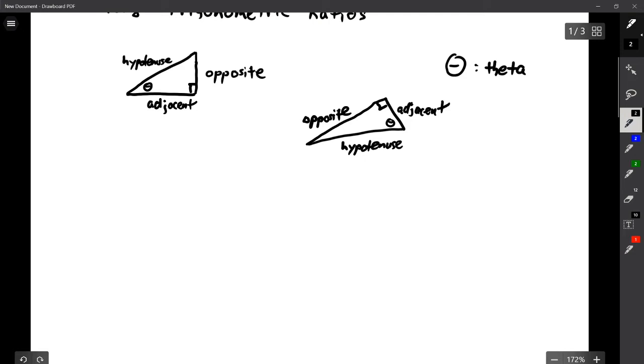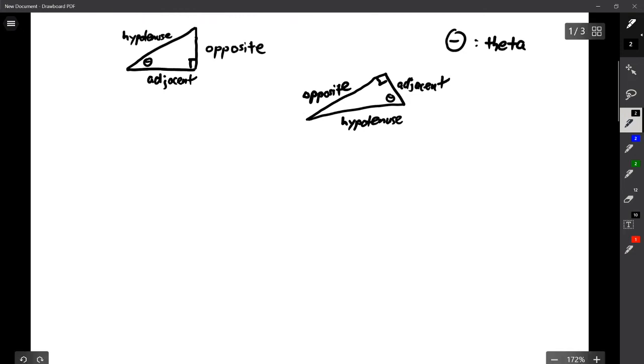Okay. Well, it turns out that if you make multiple triangles that have the same angles, and so let's say we have this triangle, this right triangle, but then I make another right triangle that's just bigger, but that uses the same angles.